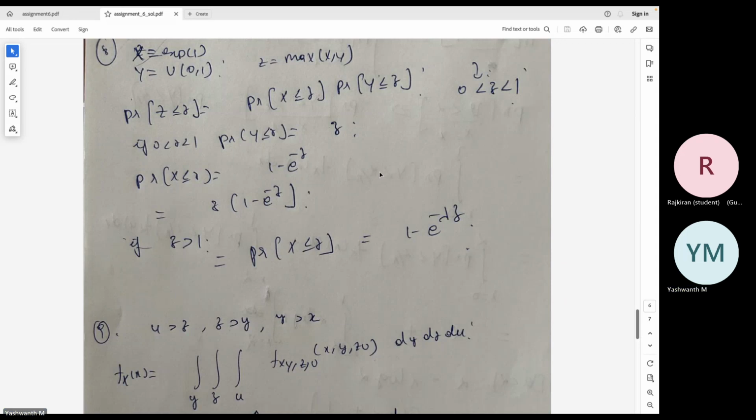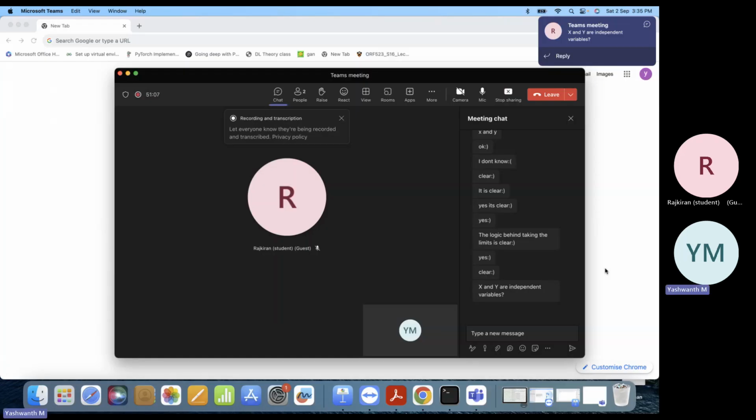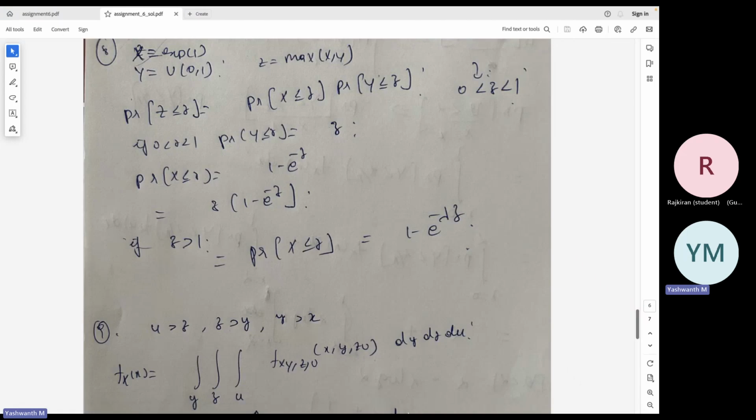Clear? X and Y are independent, that's why this product is being separated. Otherwise, it's not possible.